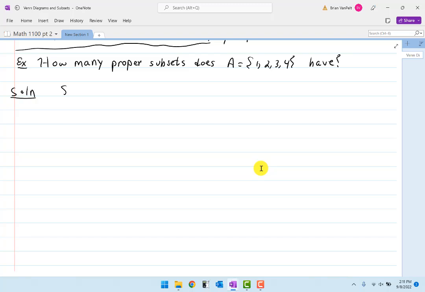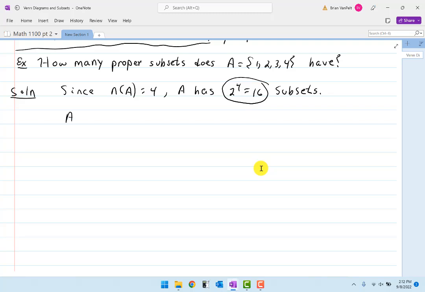So since the number of items in A is equal to 4, A has 2 raised to the 4th power, which is equal to 16 subsets. While you're at it, you can answer the number of proper subsets really easily. A also has 15 proper subsets.